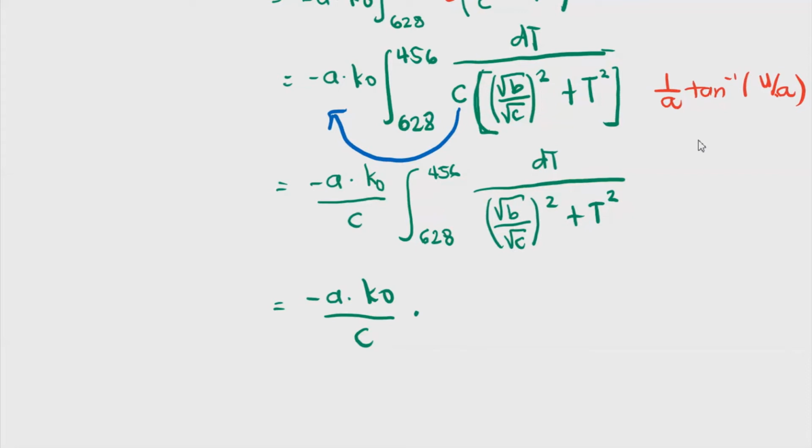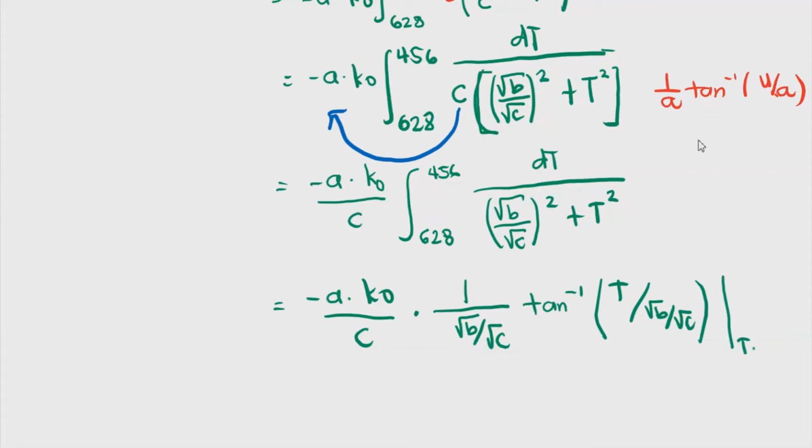So, we have 1 over square root of b over square root of c, and then the tangent inverse of u, which is t, divided by square root of b over square root of c. Okay? And this one would be evaluated from t1 to t2.